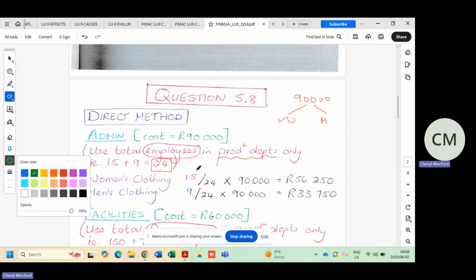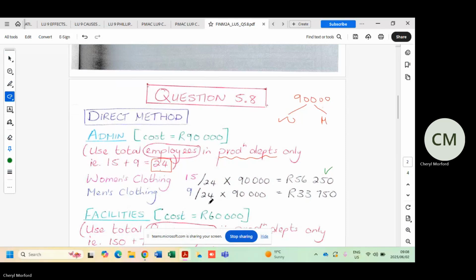So there are 15 out of the 24 staff who work in the women's clothing department. So 90,000 times 15 out of 24 gives me the 56,250. Then the remaining 9 workers out of the 24 is attributable to the men's clothing.